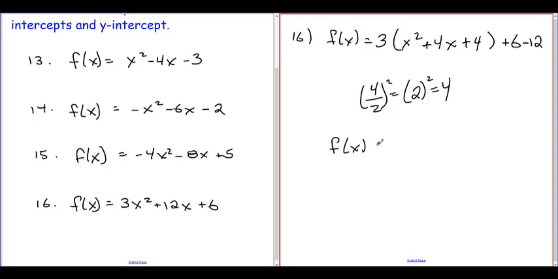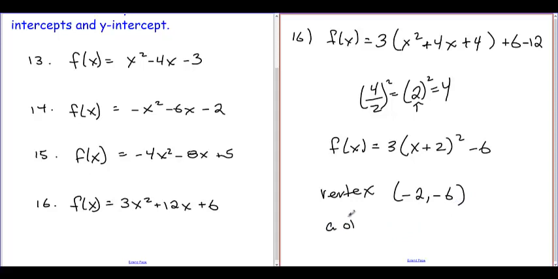And then we can make these 3 terms into a complete square, which is going to be x plus 2 squared. We use that number here. And 6 minus 12 is negative 6. So our vertex is negative 2 comma negative 6.